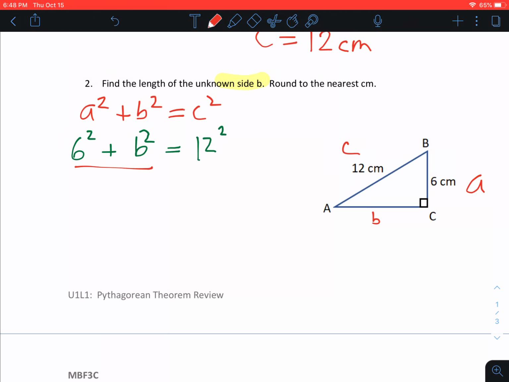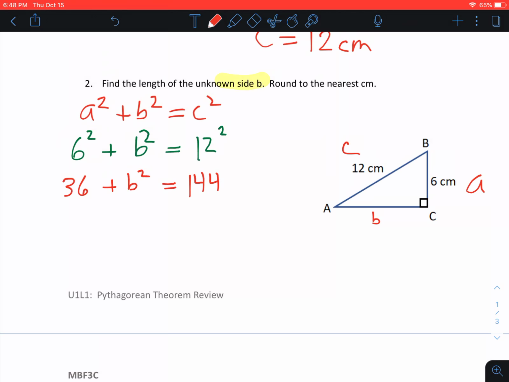So before we do that, let's calculate what 6 squared is. That's going to be 36. B squared, I'm not sure yet, and 12 squared is going to be 144. Okay, so to get B squared by itself, I'm going to need to subtract 36 from both sides.